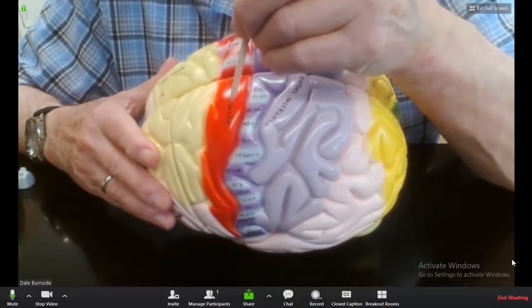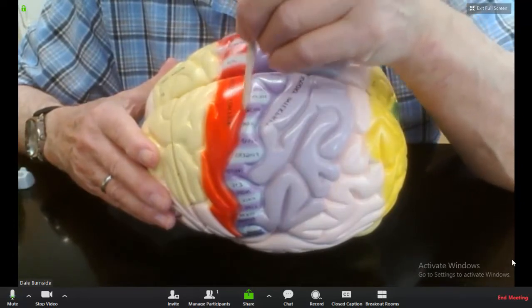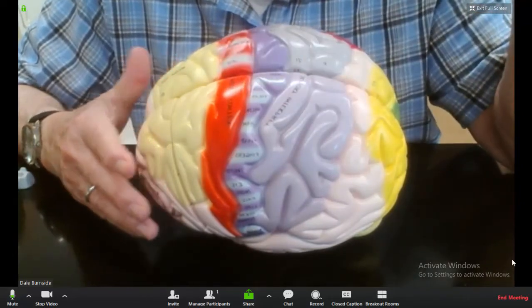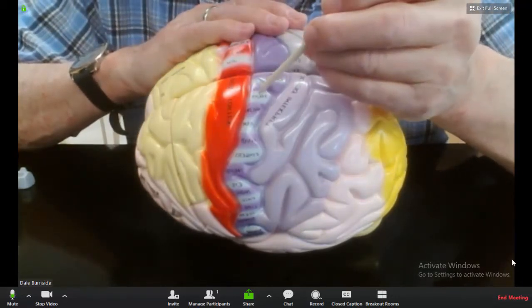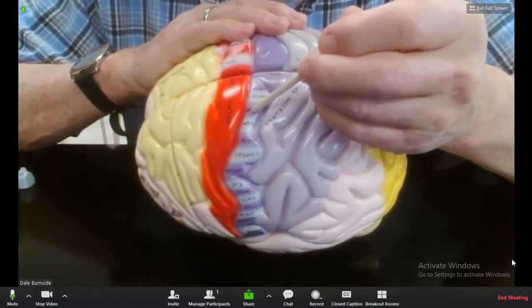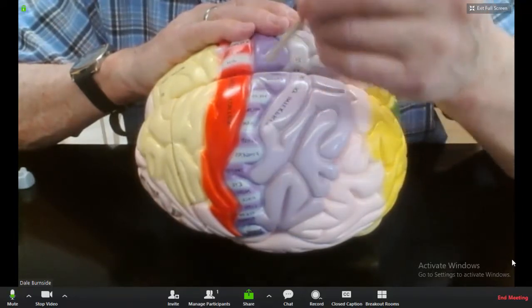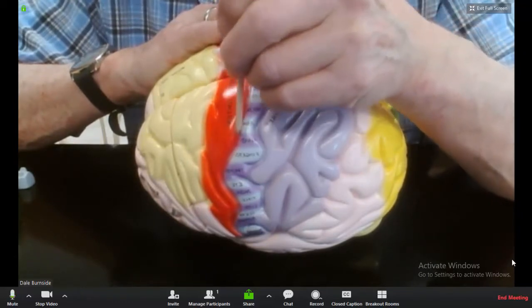Again, cortex means outer layer, and it's right in front of the central sulcus. What part will move? And then the other part is the sensory cortex. The sensory cortex is right behind the central sulcus.